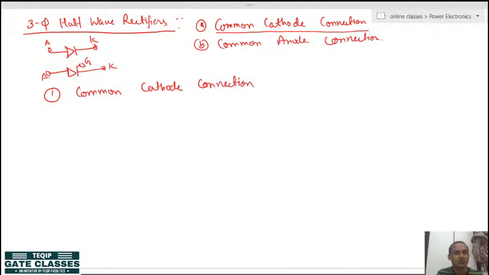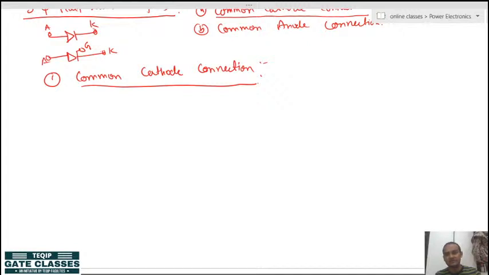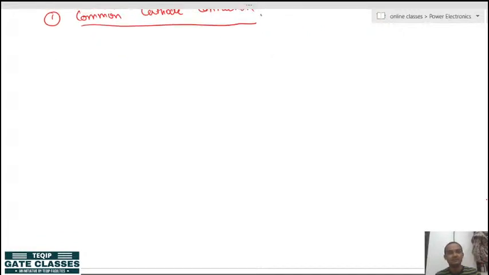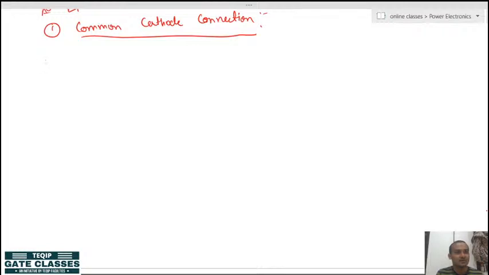If you start with the common cathode connection, let's draw its figure first. I am first of all explaining with the uncontrolled rectifier. After understanding the uncontrolled one, we can proceed to the controlled one also.